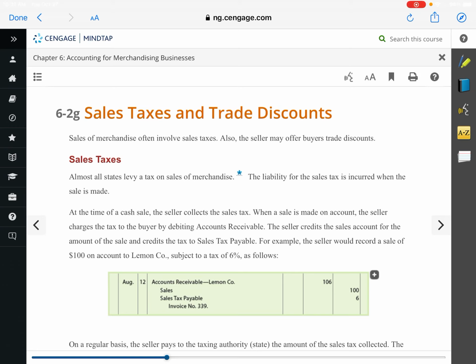we have merchandise of $58,600. We returned $6,500, and it's a 1% discount.